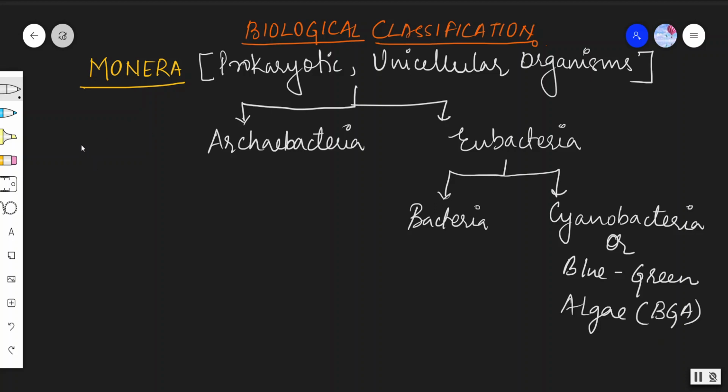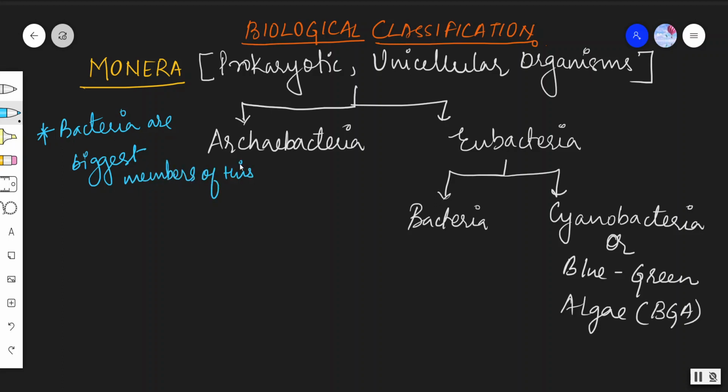So starting with the normal introduction of Monera. Monera consists of bacteria, and bacteria are the biggest members of this kingdom, okay.